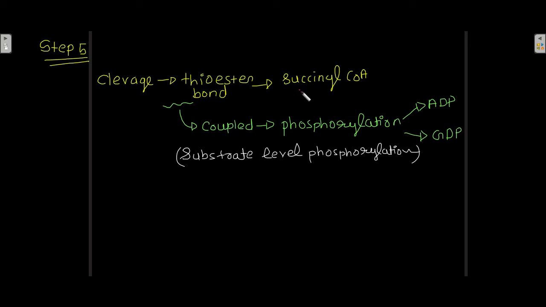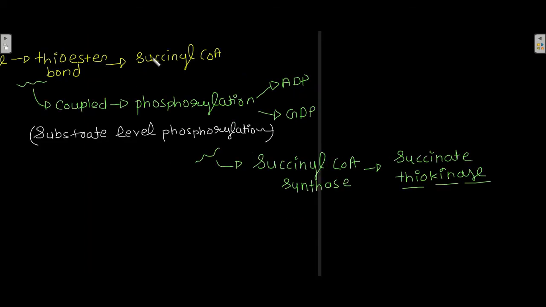Now the fifth step of the Krebs cycle is catalyzed by the enzyme known as succinyl coenzyme A synthase, whose other name is also succinate thiokinase.